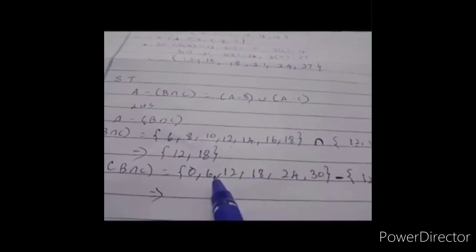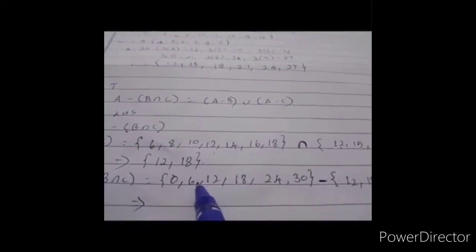What is meant by minus? If any of the B intersection C is present in A, you have to cancel that number and write down the remaining number from A. So if you see here 12 and 18 is present, cancel that number and write the remaining 0, 6, 24 and 30.